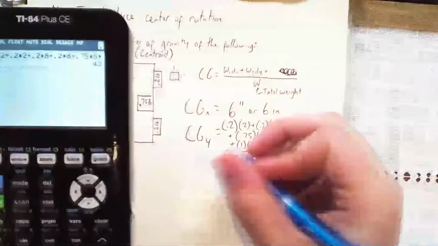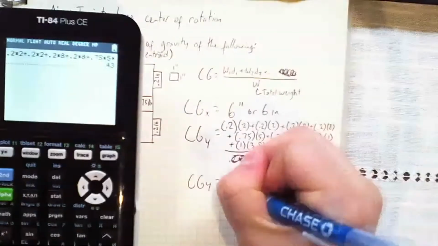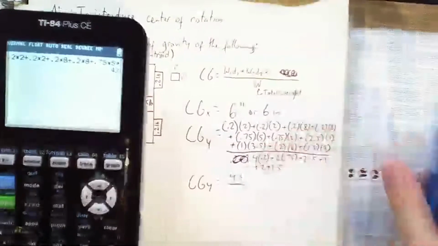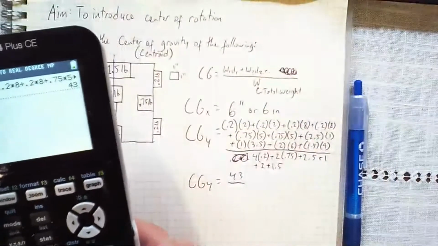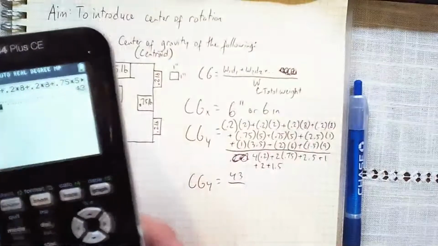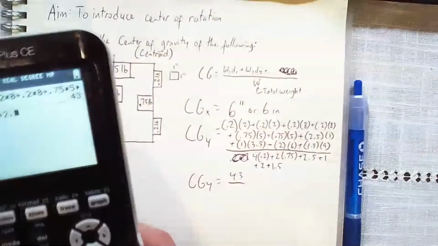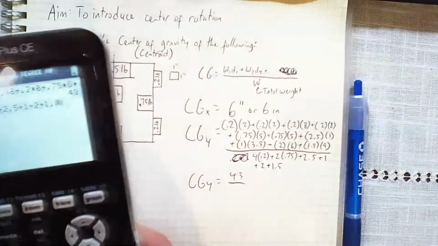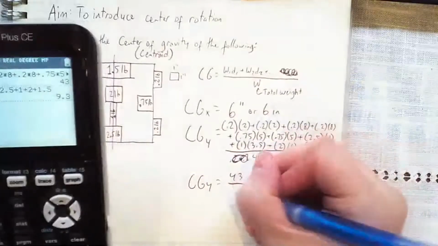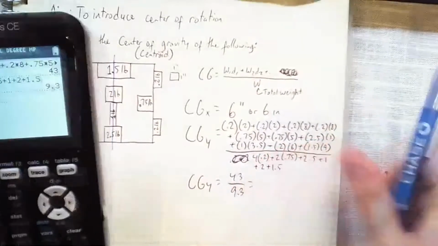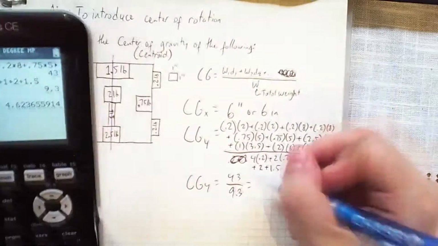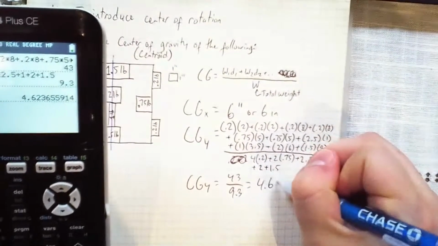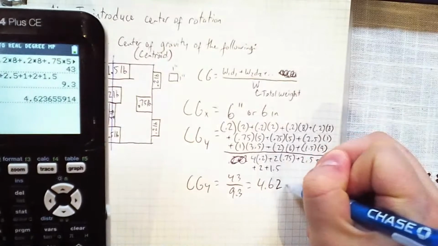And I get 43 divided by 9.3, which is equal to 4.62. I'll round it to the nearest hundredth.